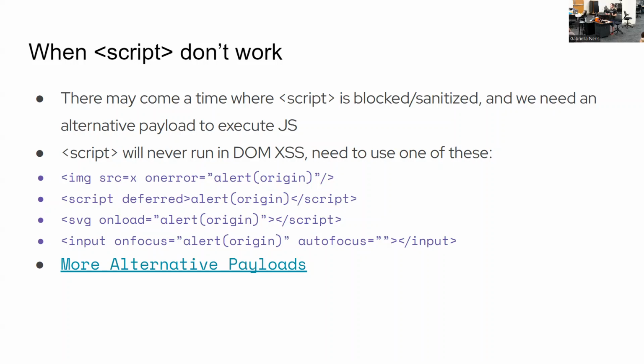You'll need to add an image tag, an SVG tag, or anything really, and then add a JavaScript event handler to that tag. So these are other ways to execute JavaScript. I'm not going to go into too much detail on them.